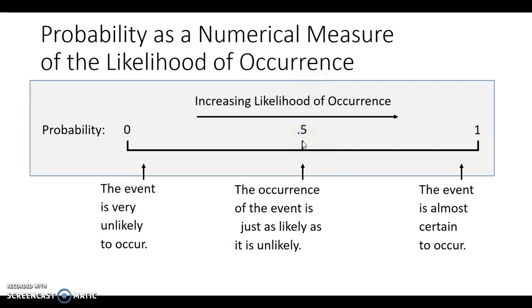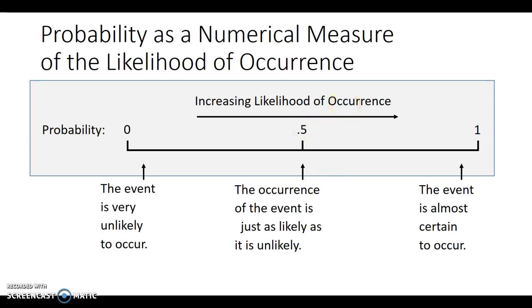An example of a likelihood of occurrence, or probability, is a coin flip. There's a 50% or 0.5 probability that a coin will come up heads. When we look at all the possible occurrences of an event, say a coin flip, there are only two.